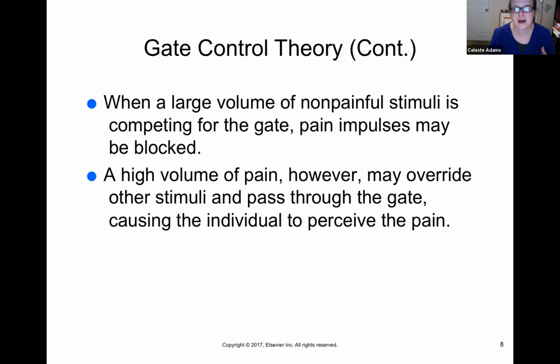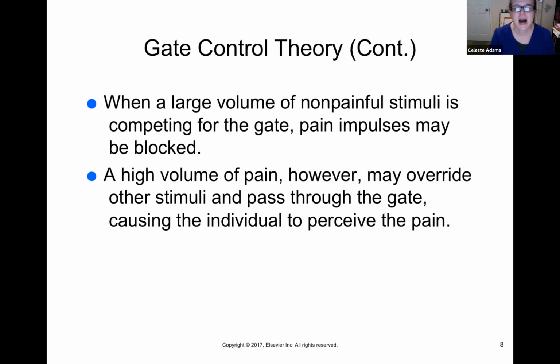When those non-painful stimuli are competing for that gate because they want to get through that pain gate too, just like pain does, okay? Pain impulses may be blocked, okay? When the pain impulses are having that competition for that gate, to get into the brain, to have the patient experience it, the pain impulses may be blocked, okay.